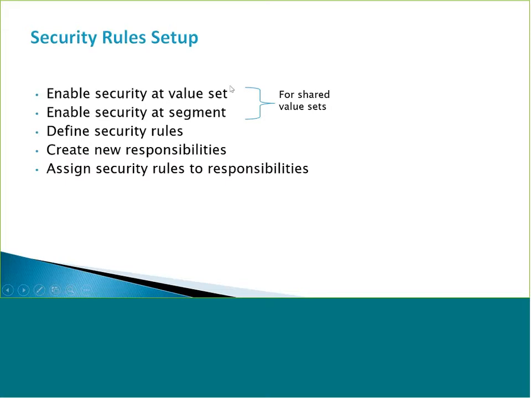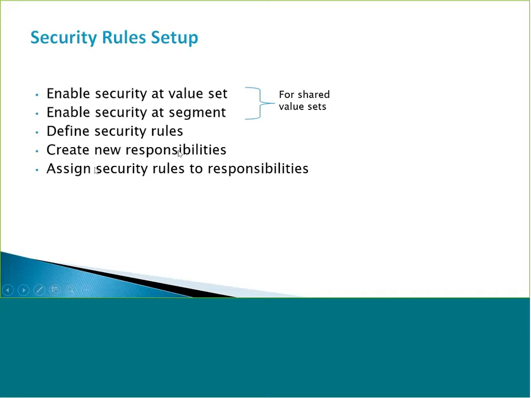After we have done that, we need to define the security rules themselves. We will see that there's a kind of hierarchy to security rules, and you will see that at the security rules window. I'll explain what that means, but it's not complex. We have seen it before.